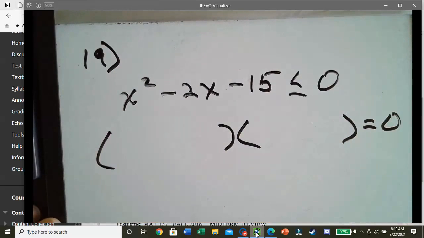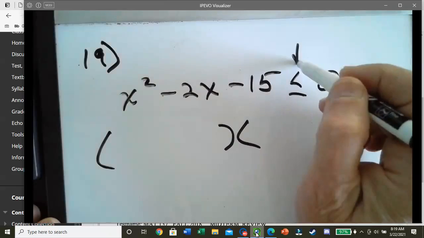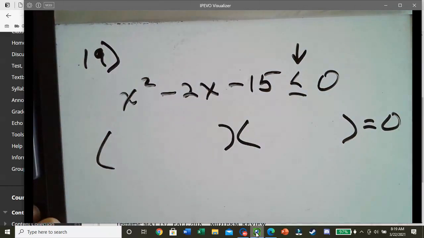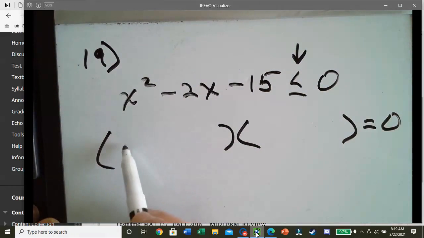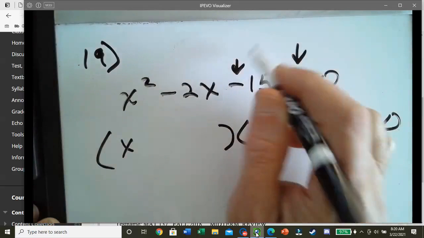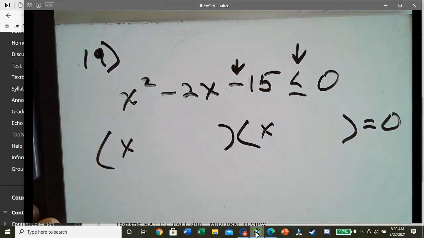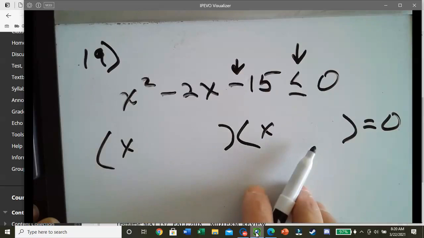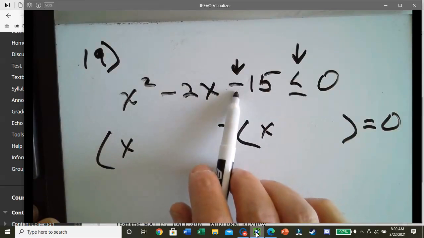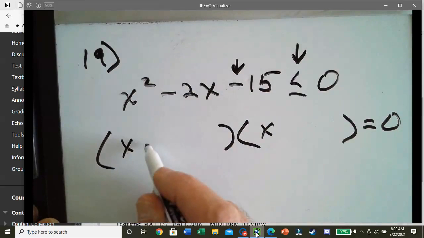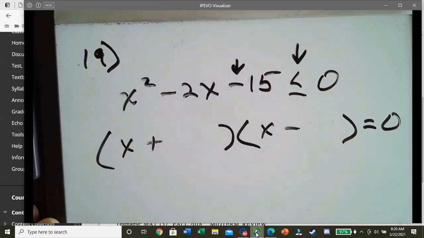And so we set our factors equal to 0. But we don't want to forget that this is less than or equal to, because we've got to come back to this. So we put in our parentheses, we put in our x's, and we look at our C term and determine, are the signs going to be the same or opposite inside the factors? When the C term is negative, the signs are opposite.